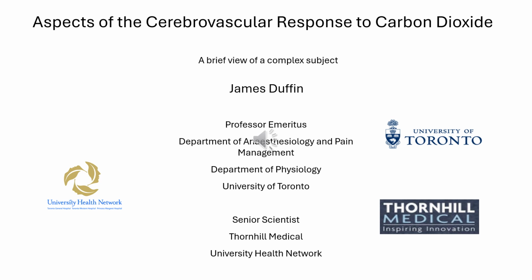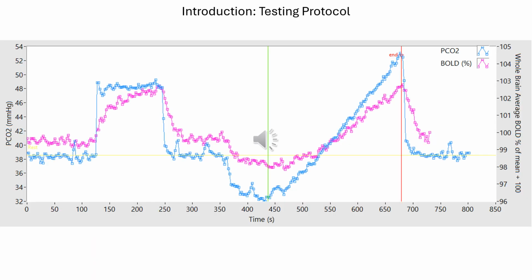This talk is about how the physiological aspects of the vasodilatory response to CO2 affect the measurement of cerebrovascular health. The pattern of the CO2 stimulus applied can be varied, with step changes providing an examination of the speed of response, and a slower ramp change providing a more detailed look at the pattern of the response as CO2 tension increases.